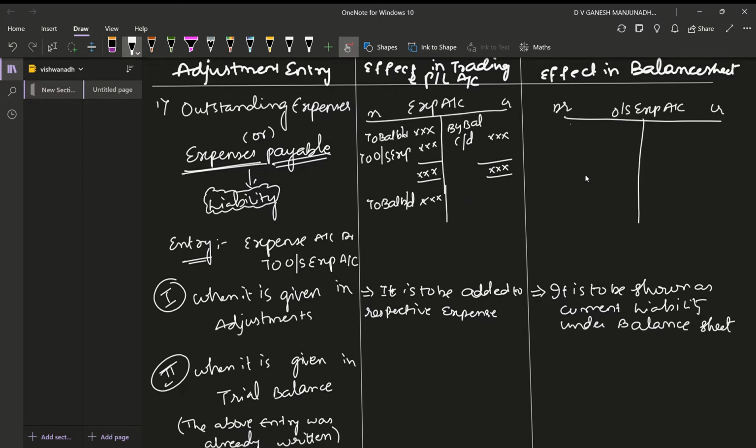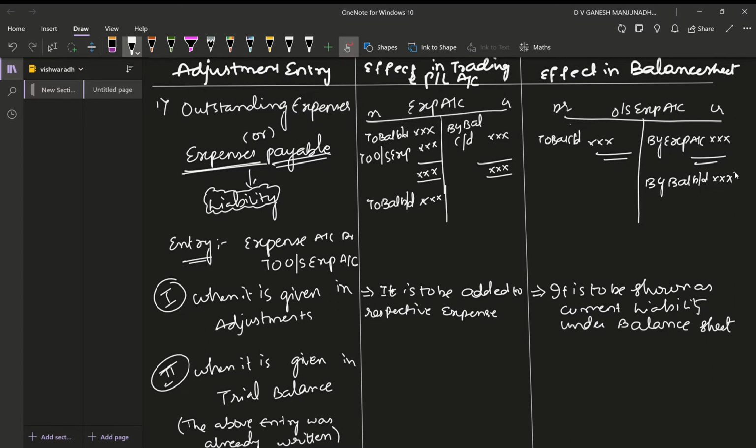In the outstanding expenditure account we add the entry: by expenses account, by that same balance, to balance carried down, and here by balance brought down.